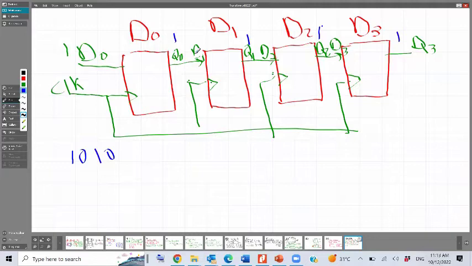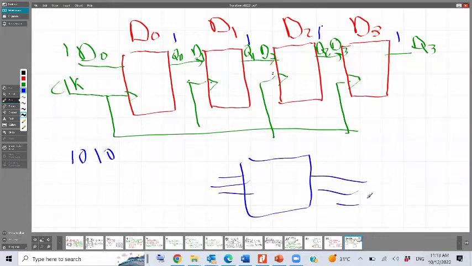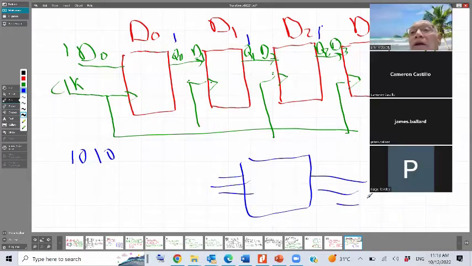If I want to wire it, if I want to use the waveform generator, what will be the input and what will be the output? This is my 4-bit shift register. I have inputs, I have outputs. What will be the inputs and the outputs? Oh, there's going to be one input and one output. One input. Two inputs, sorry. The clock. Oh, yes. Okay, that's good. Thank you very much.